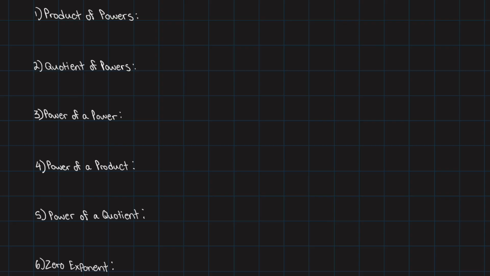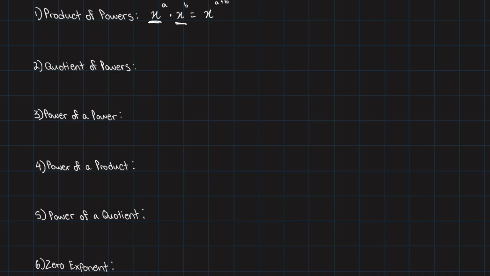So, starting off with product of powers, what this basically means is the result of multiplication of powers. So, if we have x to the power of a times x to the power of b, this essentially means if the two bases are the same, then the exponents will add. So this will end up being x to the power of a plus b.